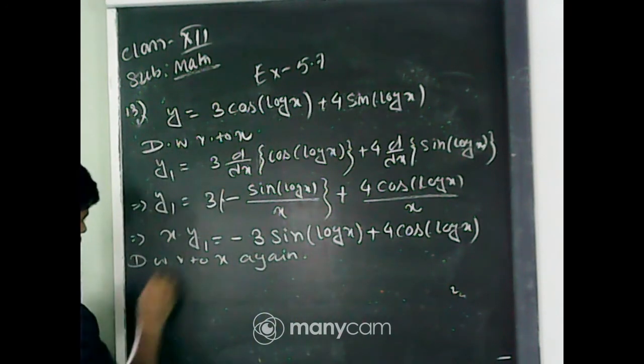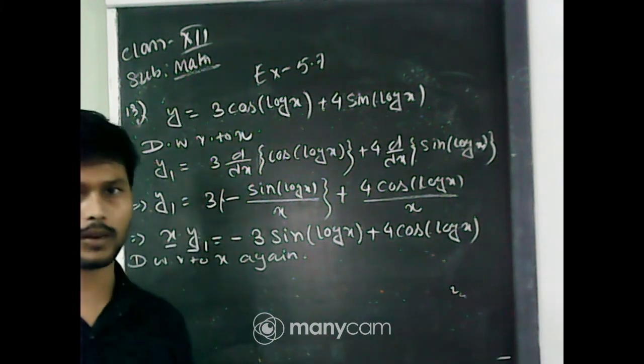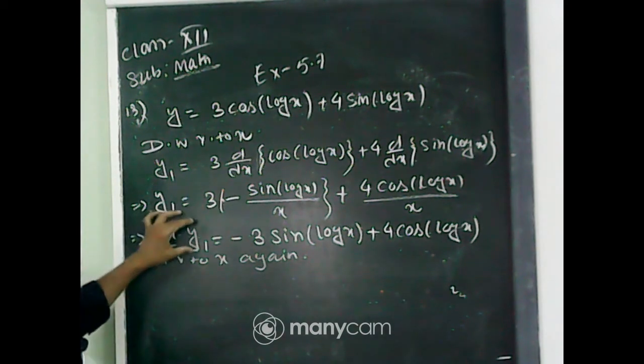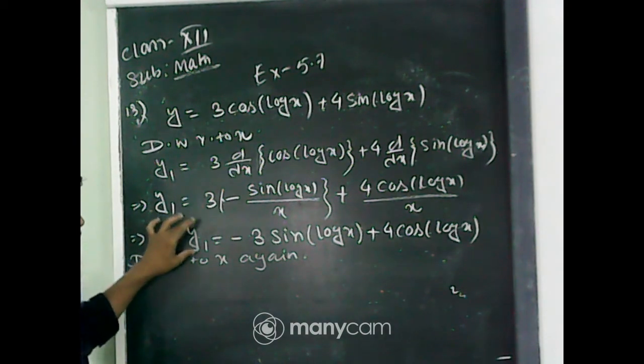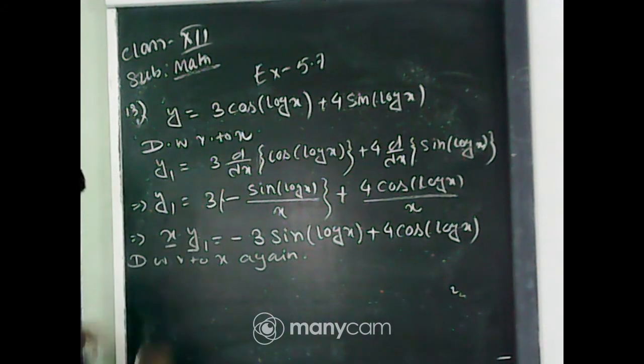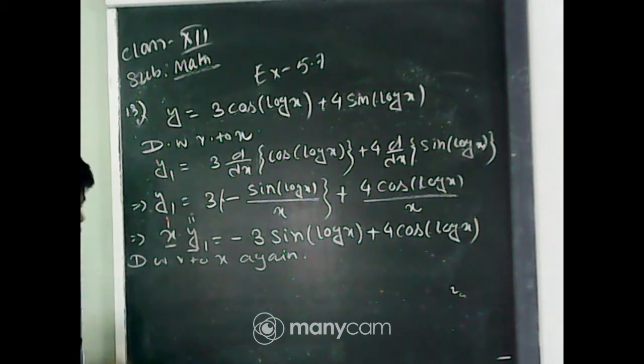Now look, on the left hand side the expression is x into y1. That means there are two functions, one function is x and another function is y1. So we have to use the product rule to differentiate this function. We take x as the first function and y1 as the second function.